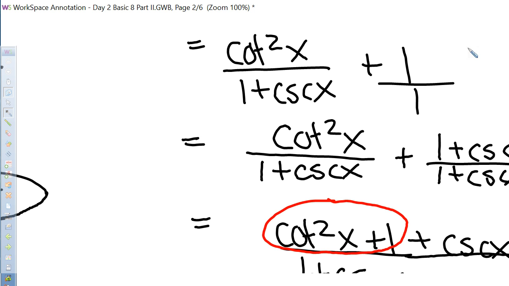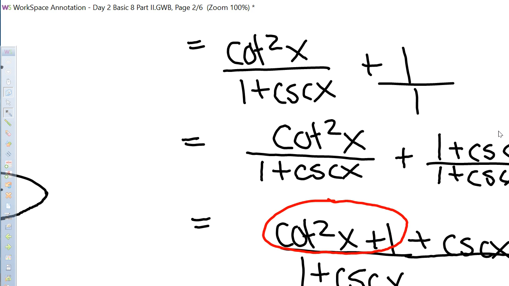If I want cotangent squared, what would I have to divide by? Sine squared. So sine squared divided by sine squared is 1. Cosine squared divided by sine squared is cotangent squared.